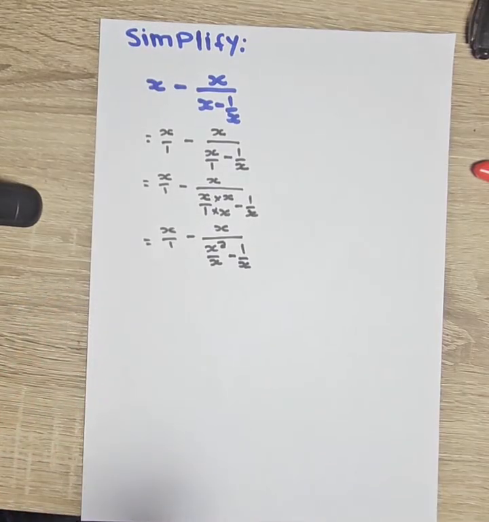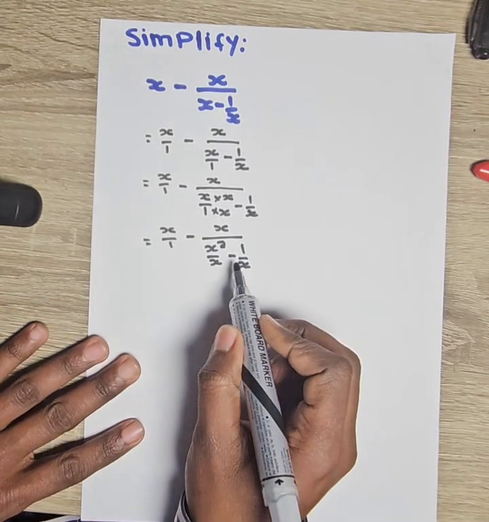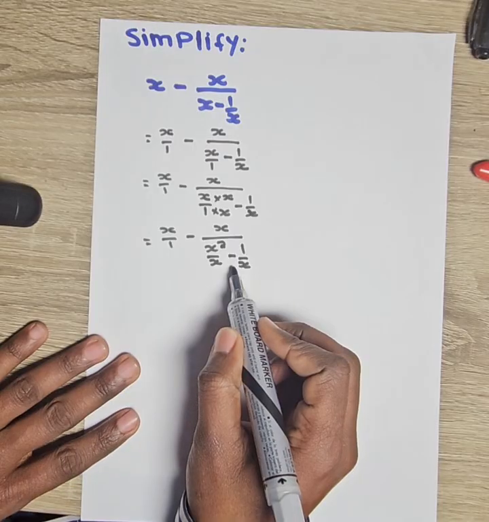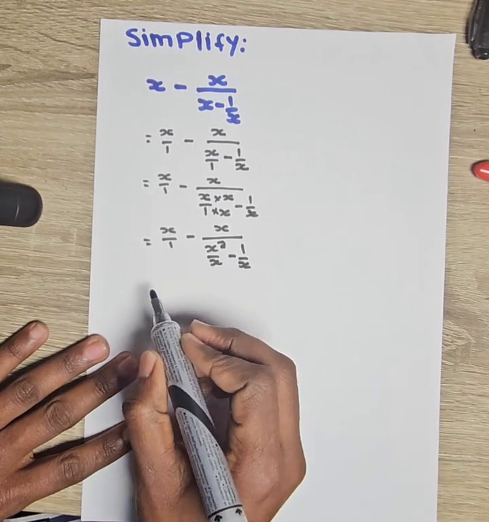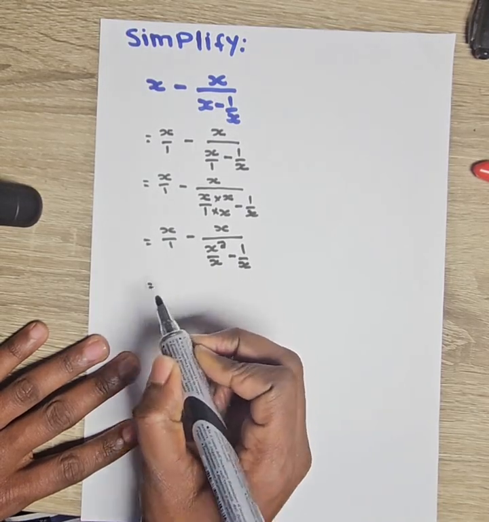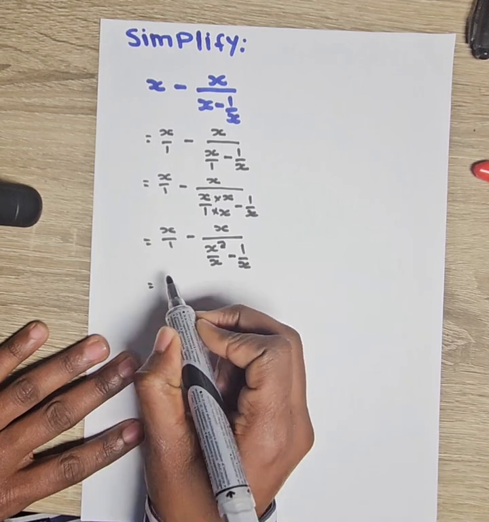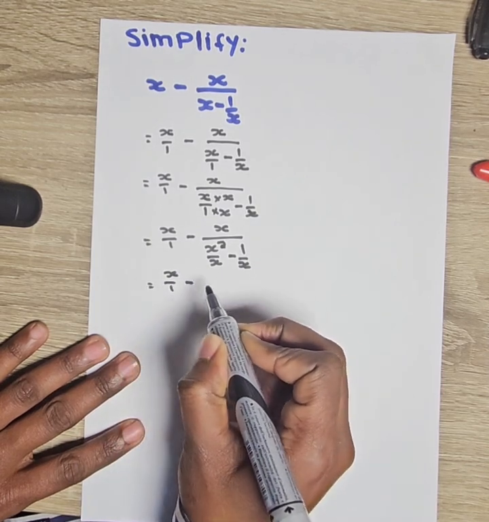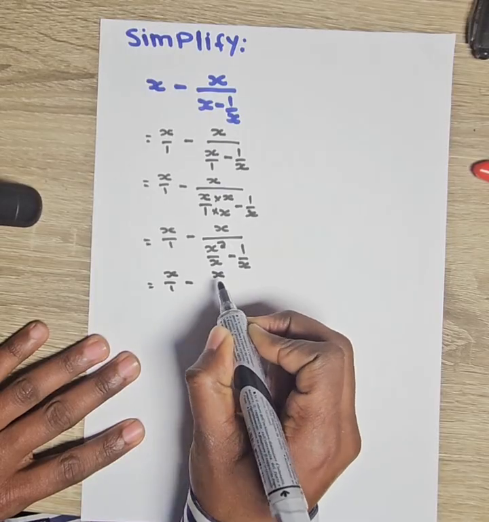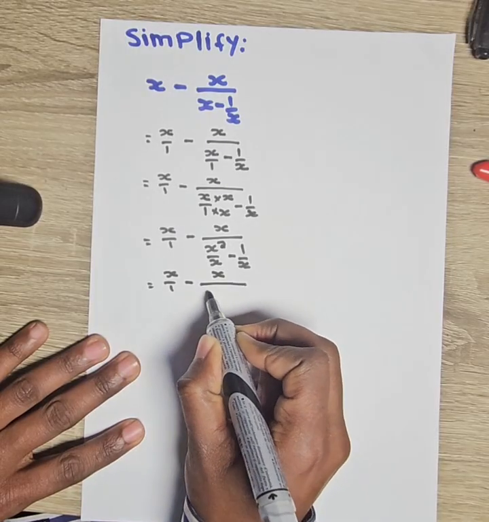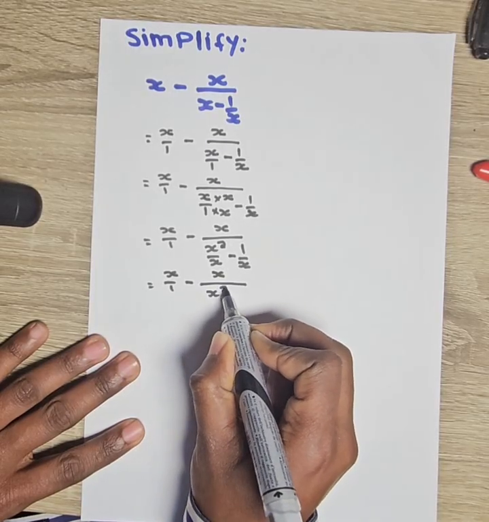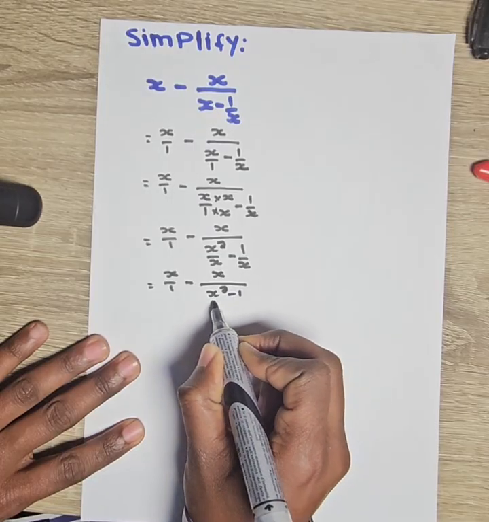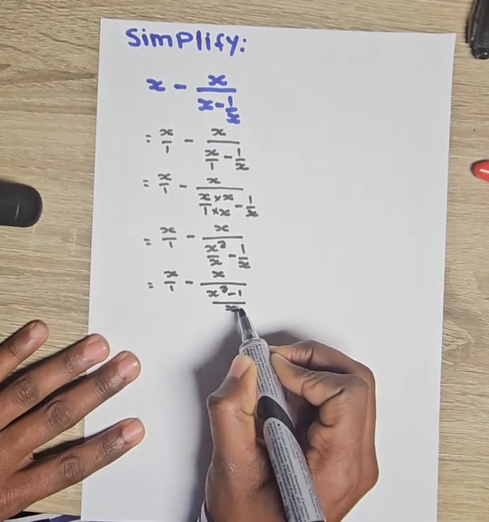Now you make the denominator the same at the bottom side. This equals x over 1 minus x over x square minus 1 over x.